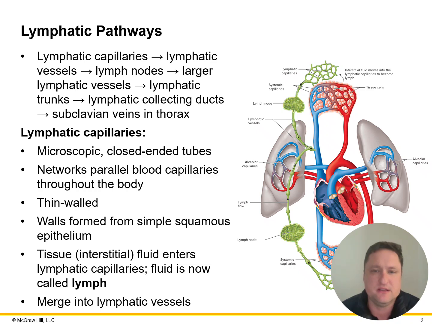The trunks empty into one of two large collecting ducts. The thoracic duct, which is the longer and wider of the two, carries more of the lymph and drains most of the body and empties into the left subclavian vein.